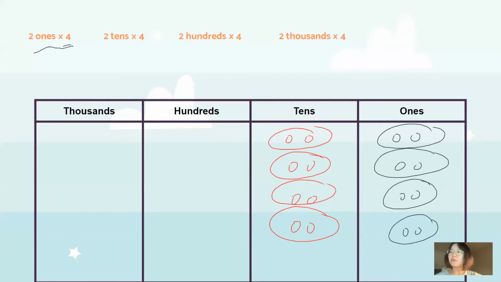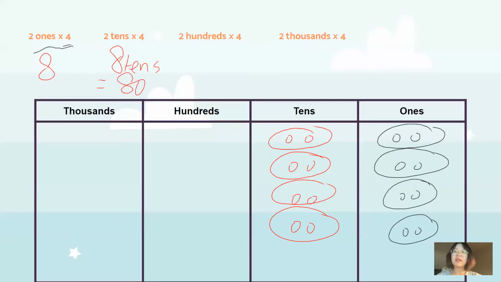So we have 1, 2, 3, 4, 5, 6, 7, 8. We have 8 ones. And what is 2 tens times 4? That is 1, 2, 3, 4, 5, 6, 7, 8. Also 8 tens. Also equals to 80.